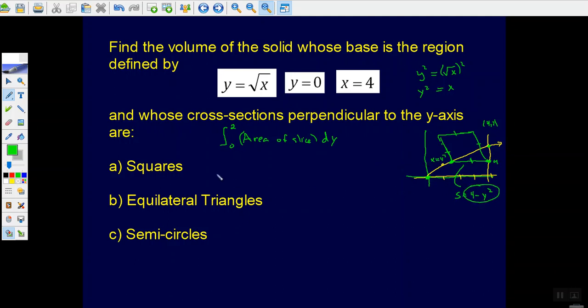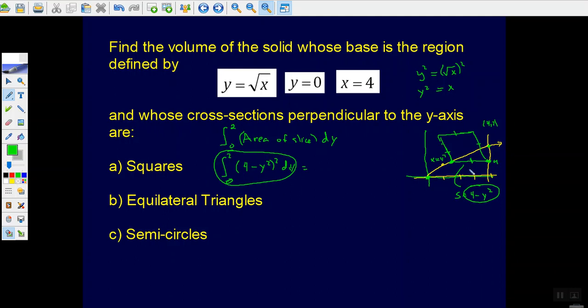So once again, with the square cross sections, it's going to go 0 to 2. The dimension in this picture is 4 minus y. So the area of a square would be (4 minus y) squared dy. And again, if you want the answer to that integral, you can type it into your graphing calculator to get the final answer.